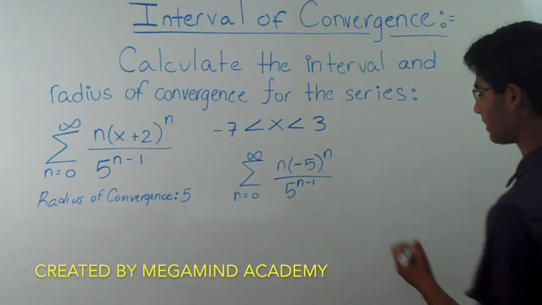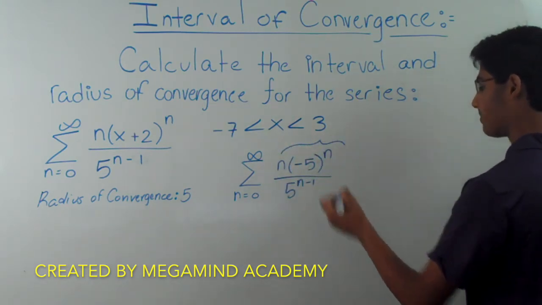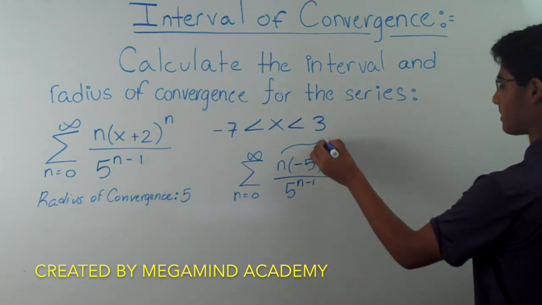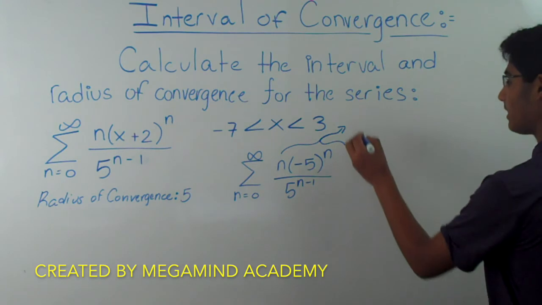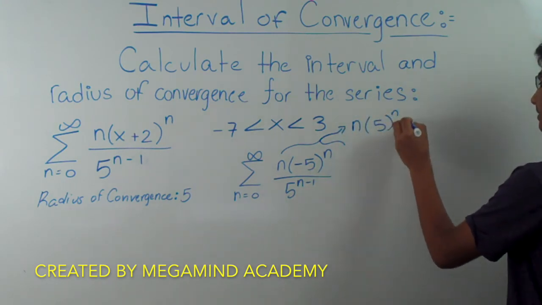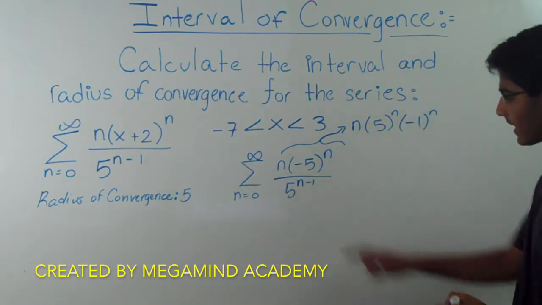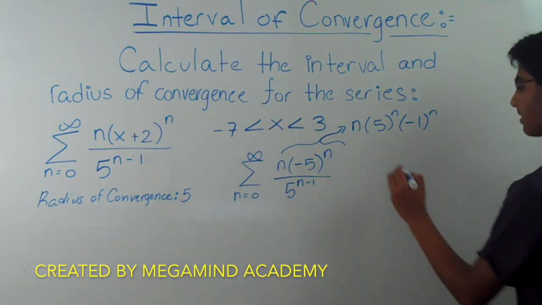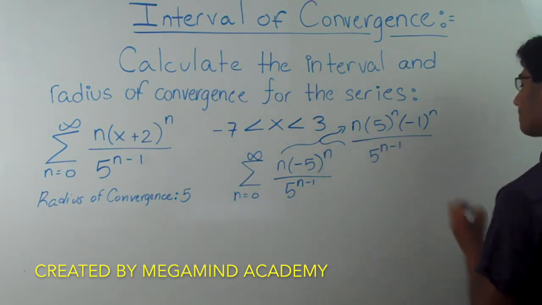So let's just take this numerator here, n times -5 to the nth power. This would be equal to n times 5 to the nth power times negative 1 to the nth power, over 5 to the n minus 1 power.